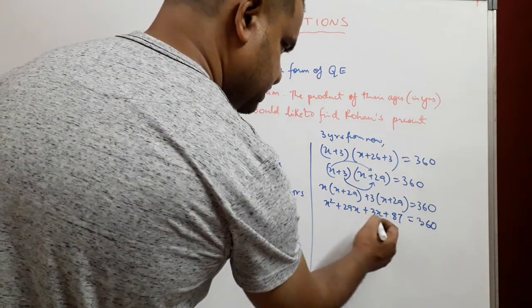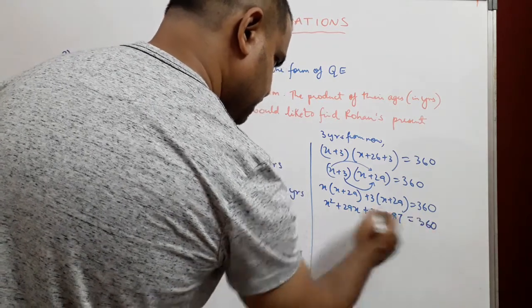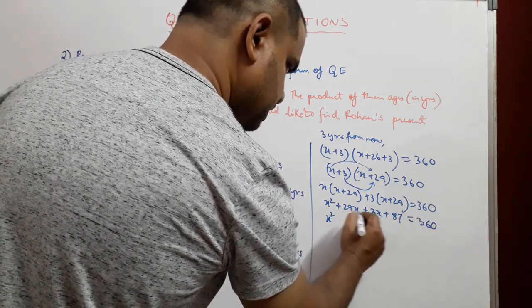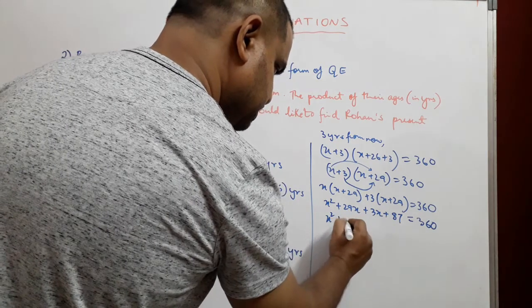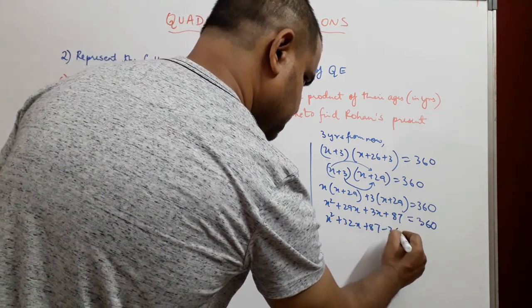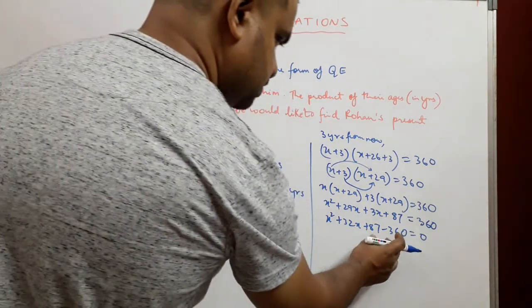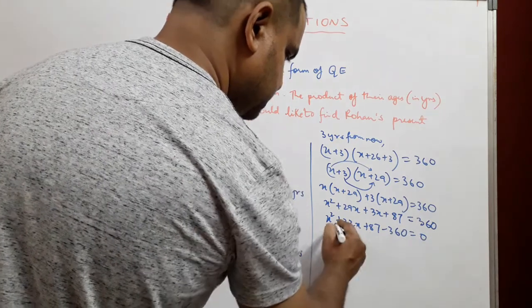Now we add this up and we bring 360 on the left hand side, so it will turn negative. So we have x square, 29x plus 3x gives us 32x, plus 87 minus 360 equal to 0. And if you remove 87 from 360, let's see what we get.